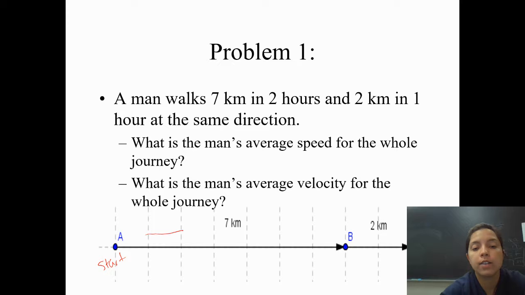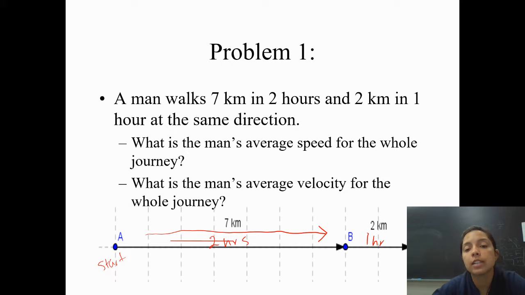And then he walked 7 kilometers. That's where he got to B, and that took him 2 hours. And then the next 2 kilometers took him 1 hour. Now I need you to calculate the average speed for the whole journey. And what is the man's average velocity for the whole journey?